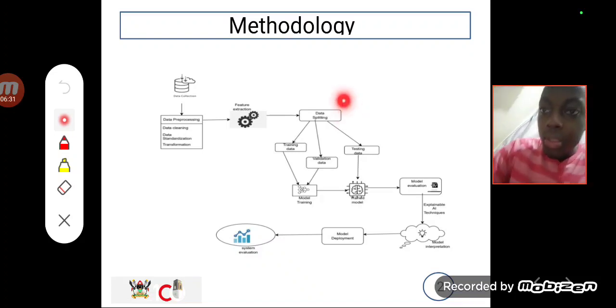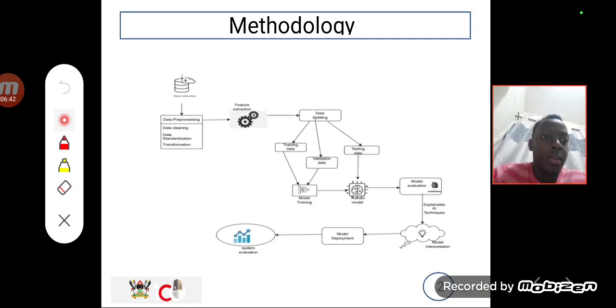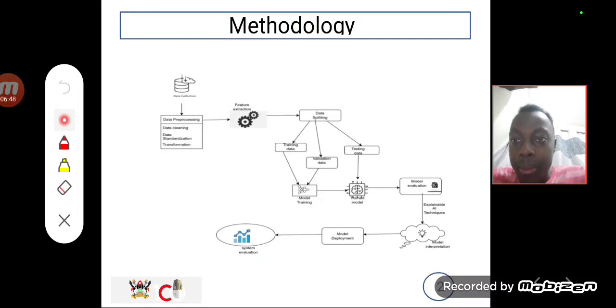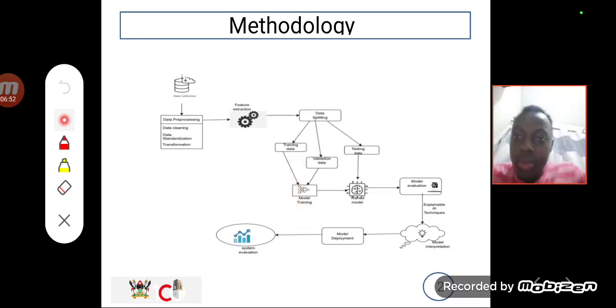The next step is data splitting, where data is divided into sets for training, validation, and testing, so that we can evaluate the performance of the model accurately. Then, using the split data, the model will be trained, where a machine learning algorithm will be trained to recognize gestures from the featured data.